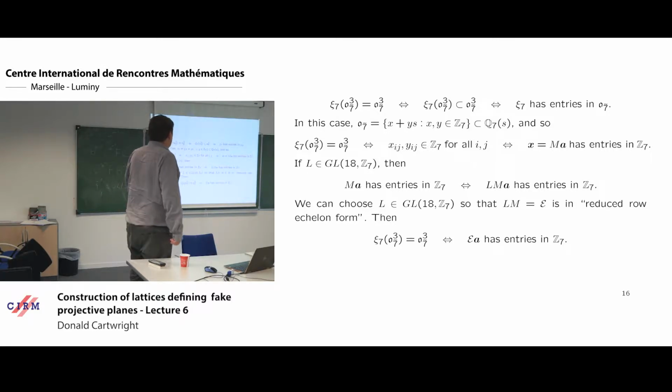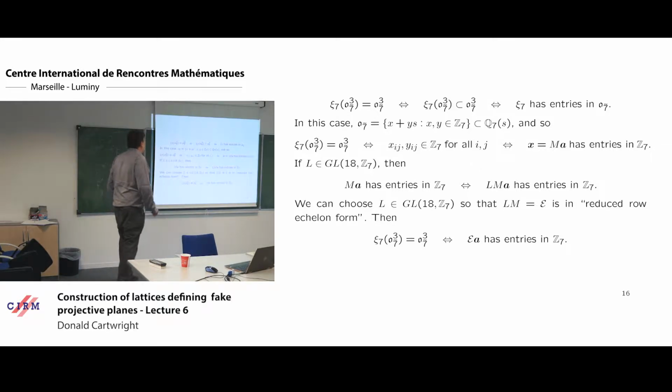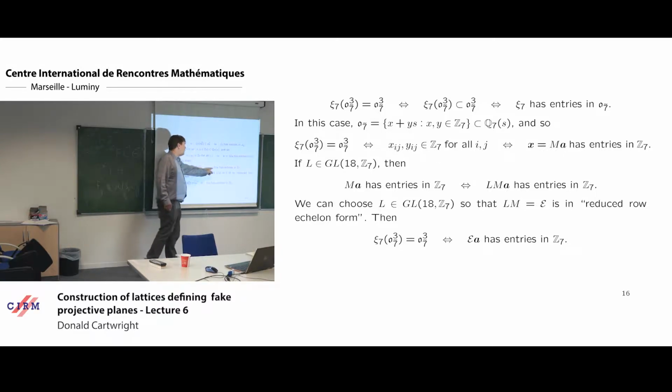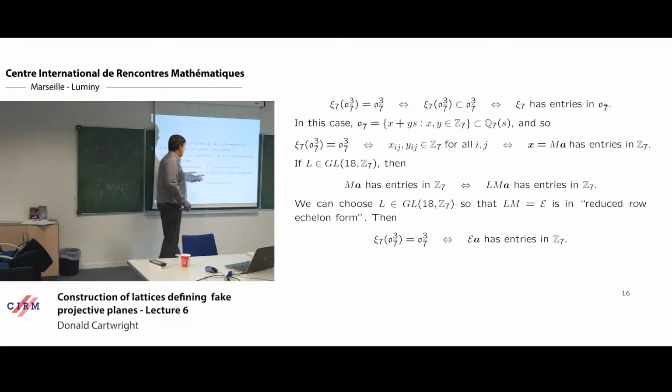But since I put those things up on the web page, I had the following little thought, that we can simplify this matrix M by bringing it into reduced row echelon form. If you have an 18 by 18 matrix with entries in Z sub 7, this has entries in Z sub 7, obviously, if and only if LM has entries in Z sub 7, and you can choose L so that LM is in reduced row echelon form.